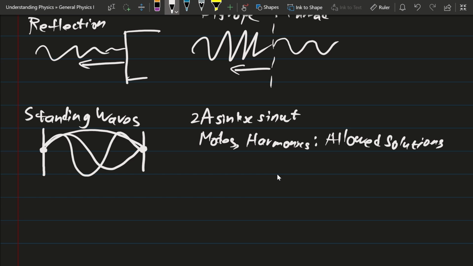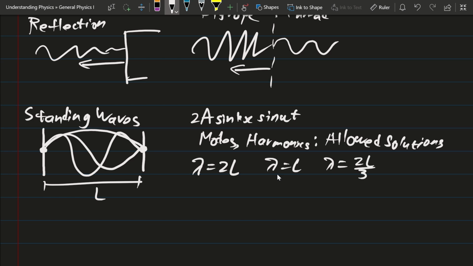And so if you actually look at the pattern, you could see that the first one, let's just assume this has a length of L, the wavelength is actually 2 times the L. And then for the second one, the wavelength is L. For the third one, the wavelength is 2/3 of the length. So we get the knowledge that the length will be m lambda over 2, where m is an element of the natural numbers.